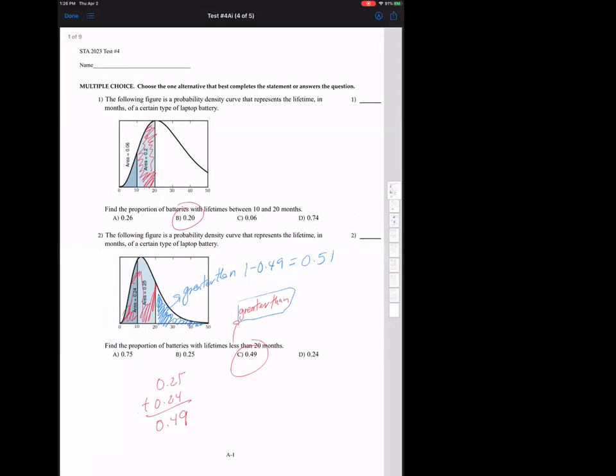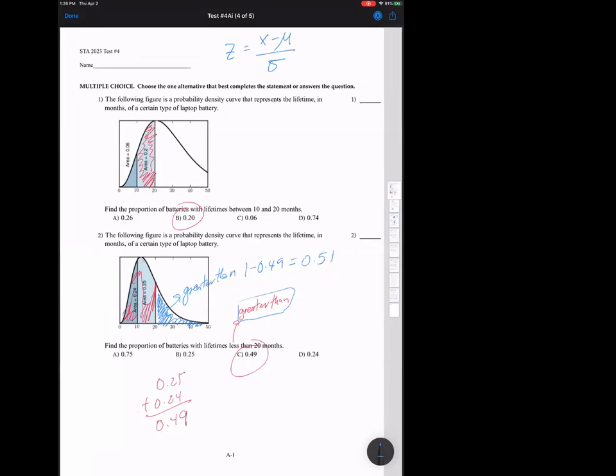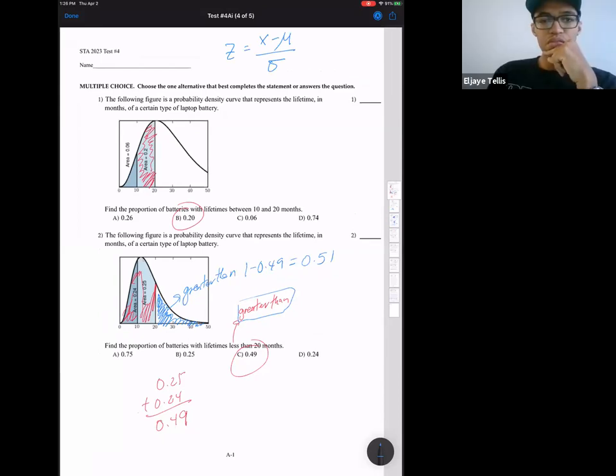The 41 is a regular X value. To find a Z score, you have to subtract out the mean and then divide by the standard deviation. This formula will not be given to you on the test, so you definitely need to memorize it and work it out.